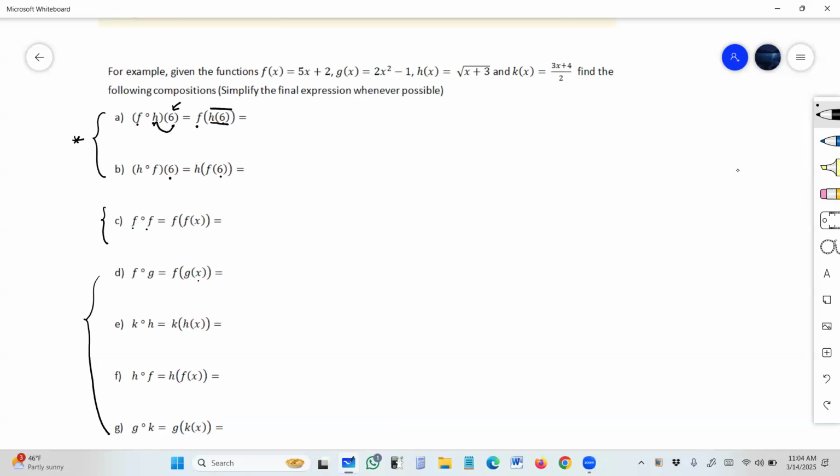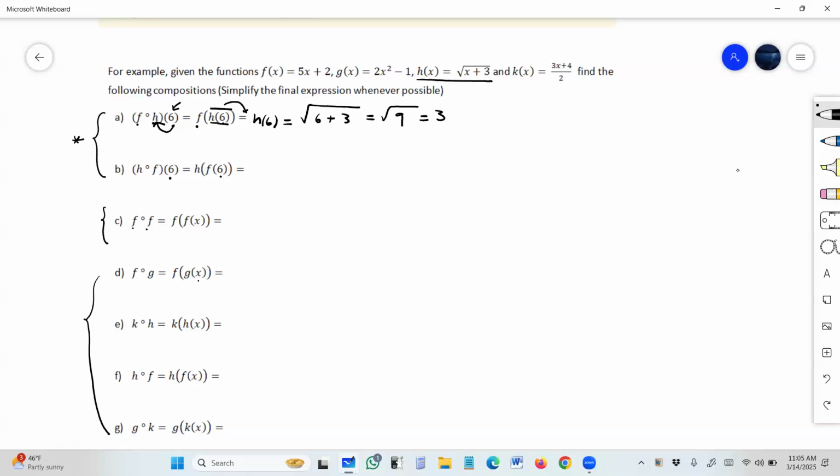So the 6 goes inside h. The very first thing I have to do is evaluate h of 6. I have to evaluate the function at x equals 6, so I replace x with the number 6. This gives the square root of 9, and I can simplify that: the square root of 9 is 3. If I could not, I could simplify the radical or just leave it as a radical.